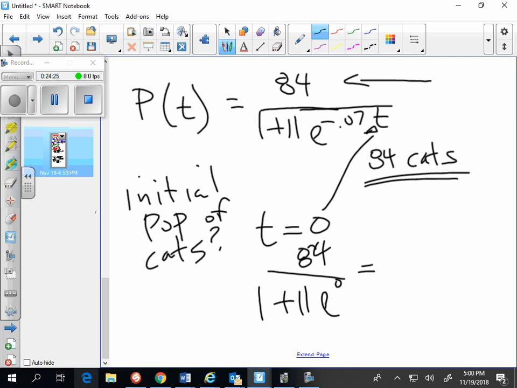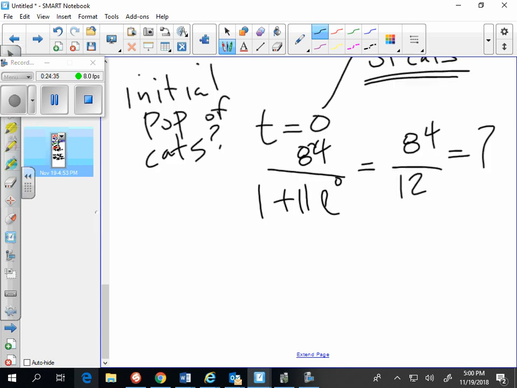E to the 0 is 1. 1 times 11 is 11. 11 plus 1 is 12. 84 divided by 12, 7. My initial population was 7 cats. I hope never to see that either, initially.